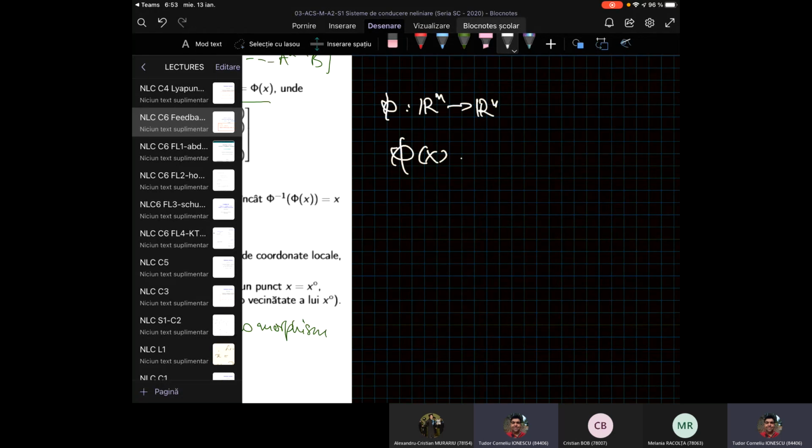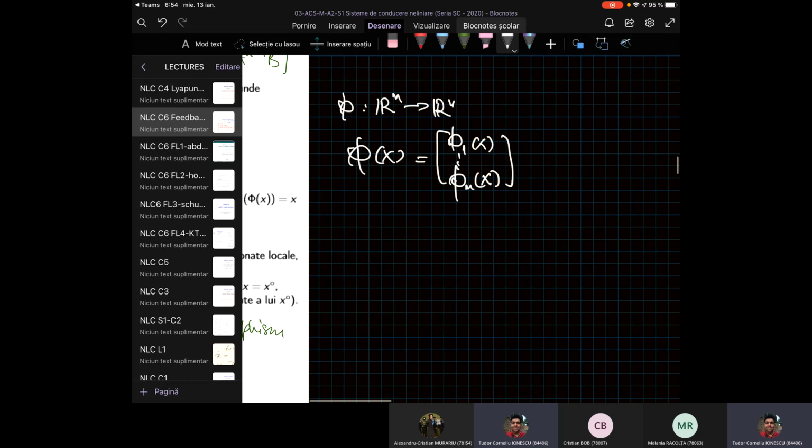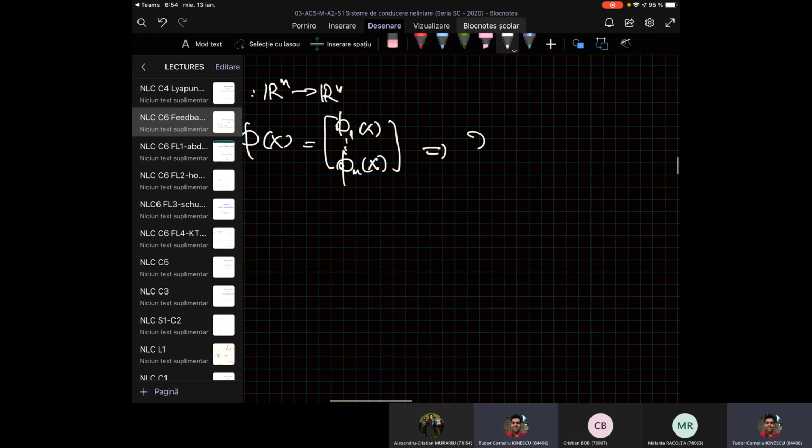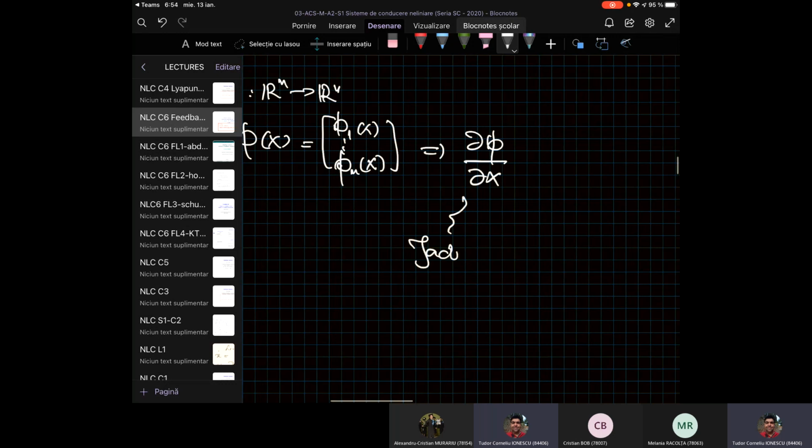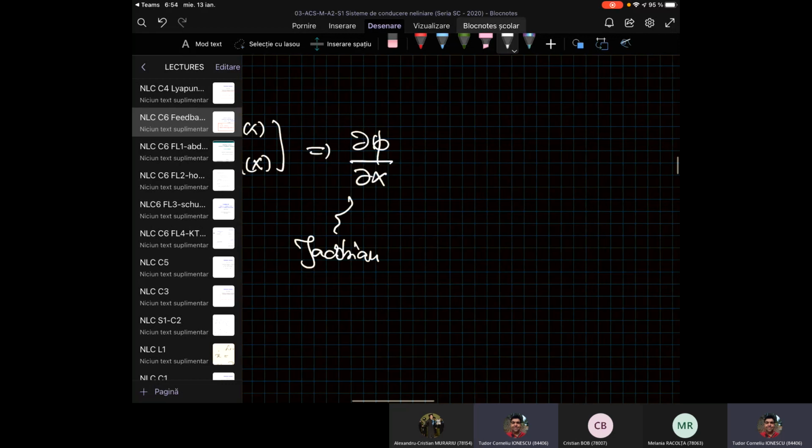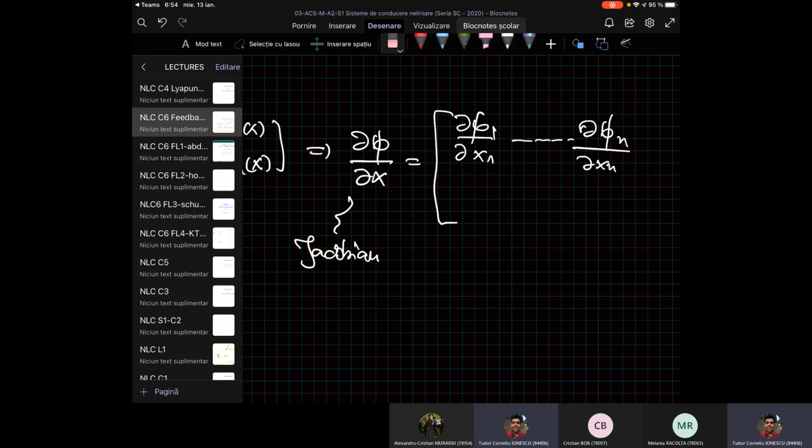Phi defined on Rn, phi of x equals phi 1 of x, up to phi n of x. Then the Jacobian I can write like this: d phi dx. The Jacobian is a matrix with entries d phi 1 dx1, through d phi 1 dxn, down to d phi n dx1, through d phi n dxn.